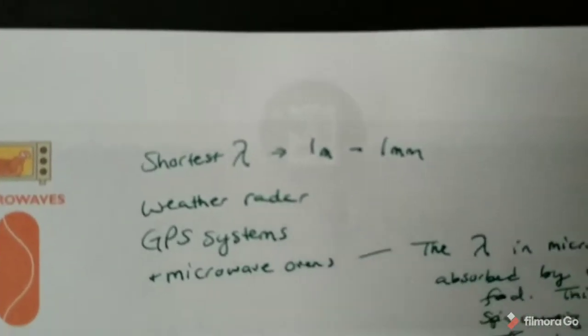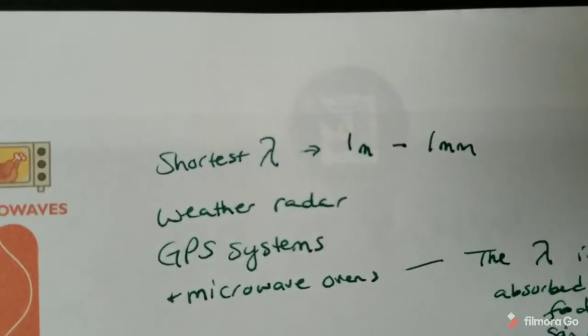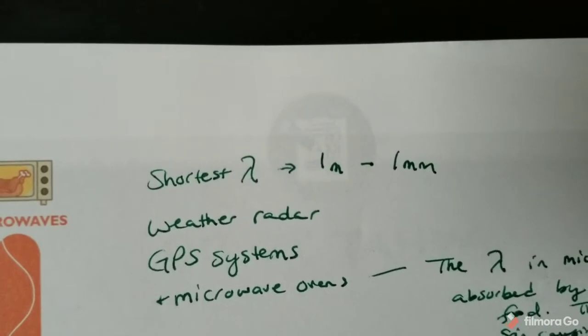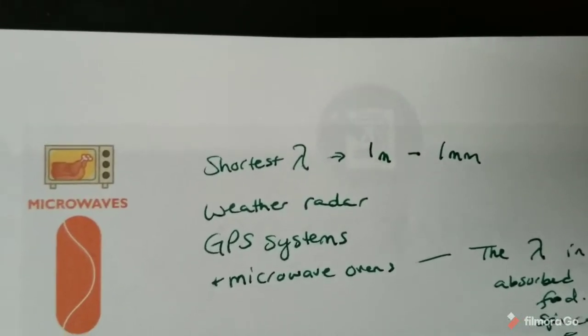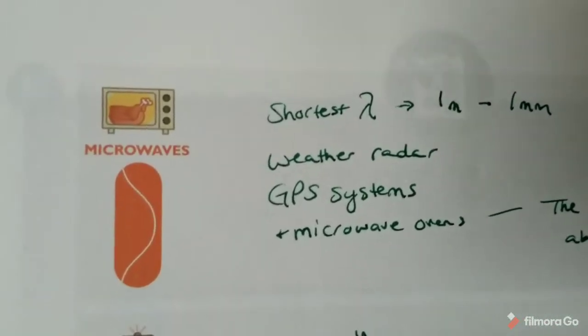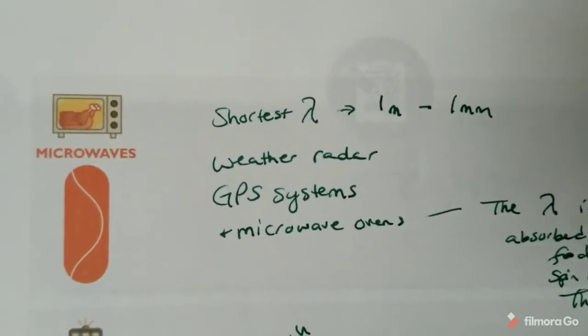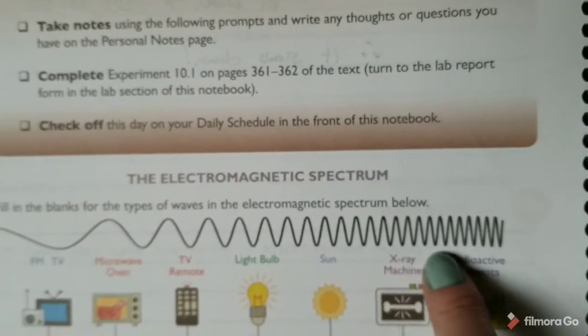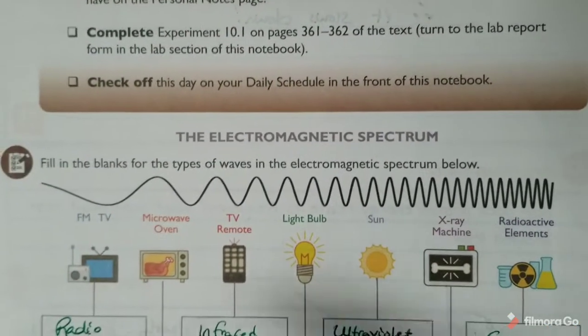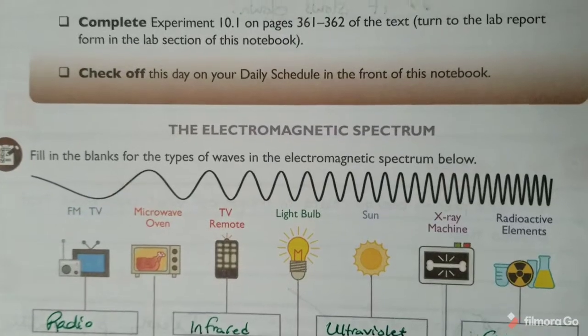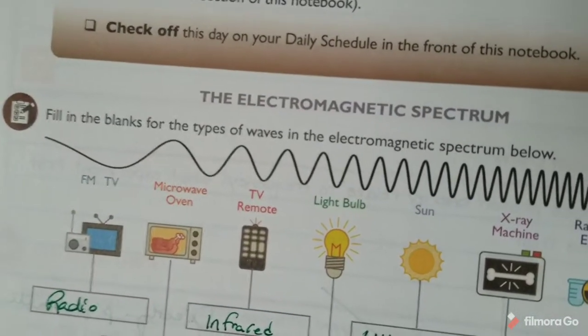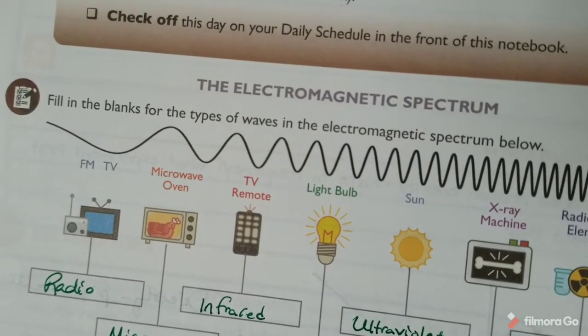These have some of the shortest wavelengths. I'm confused why they say that, when we've got all those ones that are even shorter wavelengths over here. So I'm trying to figure out why they say that in the book. Let me see here. Oh, shortest wavelength radio waves.